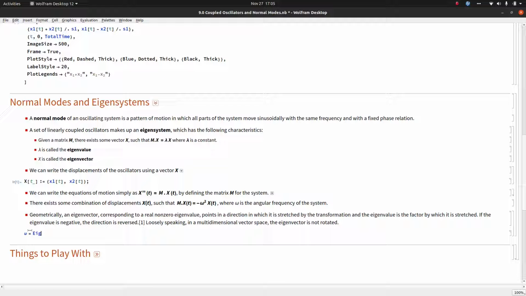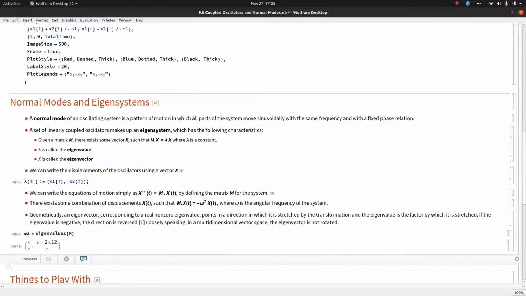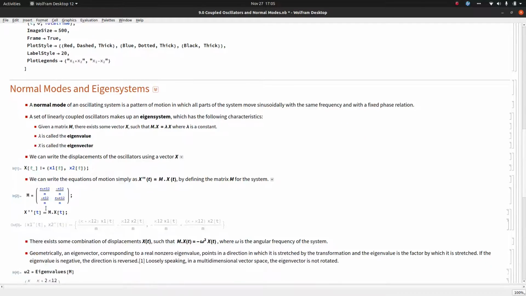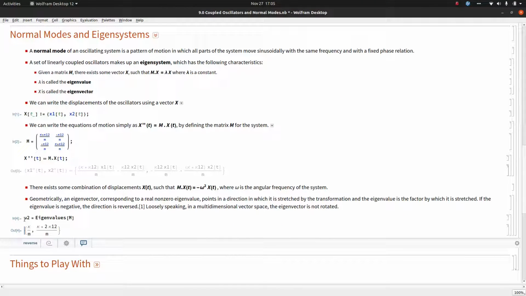So I am going to say that my angular frequency squared is going to be the eigenvalues. That will get us, so we'll take the eigenvalues of the matrix M, and you can see, I mentioned I was playing fast and loose with the minus signs, and you can see that here, because this should be minus omega squared, so I should have a minus sign here.